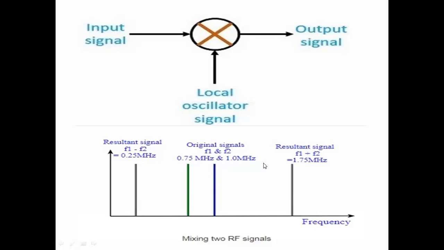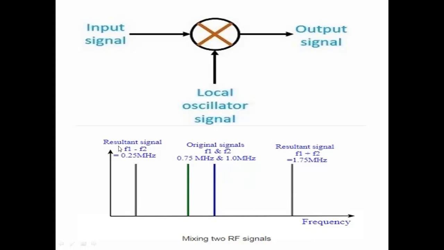By adding these two, we get 1.75 megahertz. On the x-axis frequency representation, at 1.75 megahertz we get one particular component. So by mixing two signals, we get a single component.